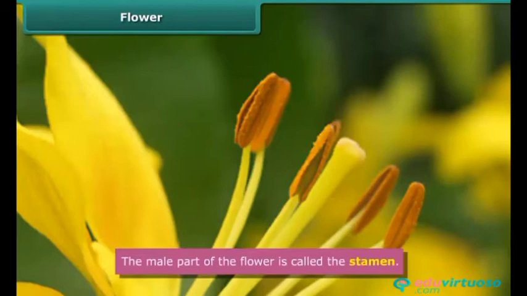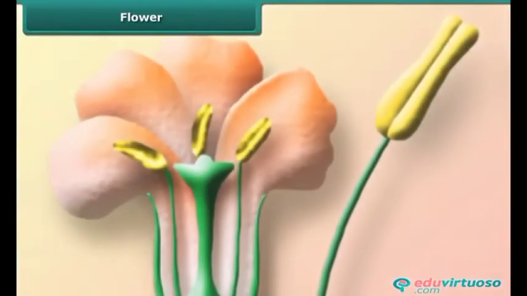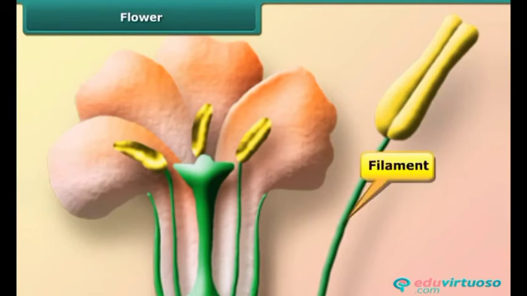In the flower there is a male part. The male part of the flower is known as stamen. Okay, you can see the image of stamen here. This is known as the male part. And this stamen consists of a stalk-like structure known as filament.